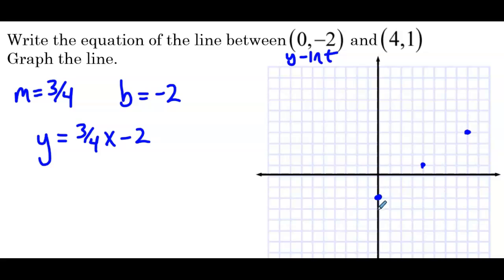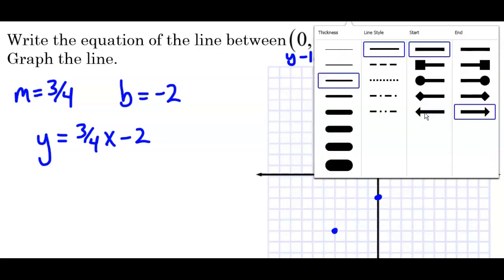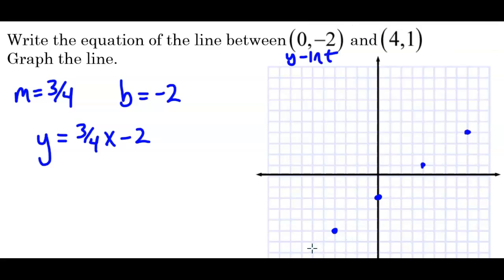So instead of going up, we'll go down 3 and then to the left 4. I'll use the line tool so that we have a straight line through all of our points. So that is the graph of y equals 3/4 x minus 2.